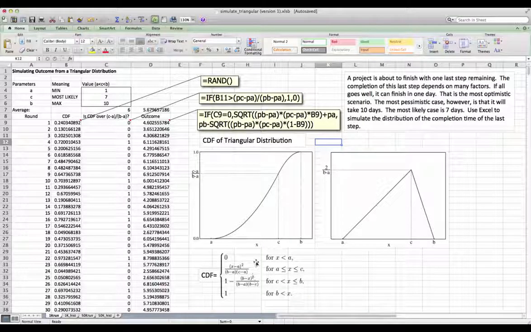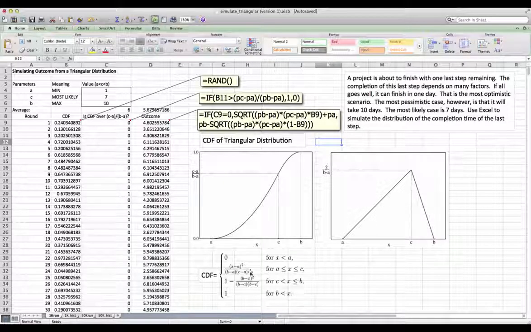If you look at it, basically there are two parts. If the cumulative distribution is over this threshold, which is C minus A over B minus A, then it's this formula. If it is below this threshold, then it's this part. And of course, below A it's 0, and above B it's 1. So that's the complete CDF.